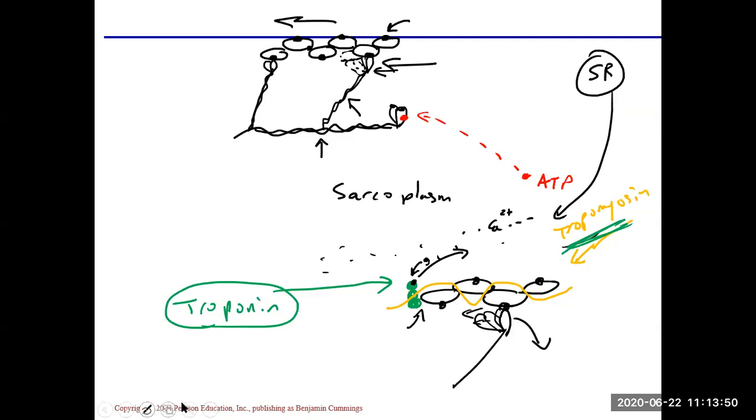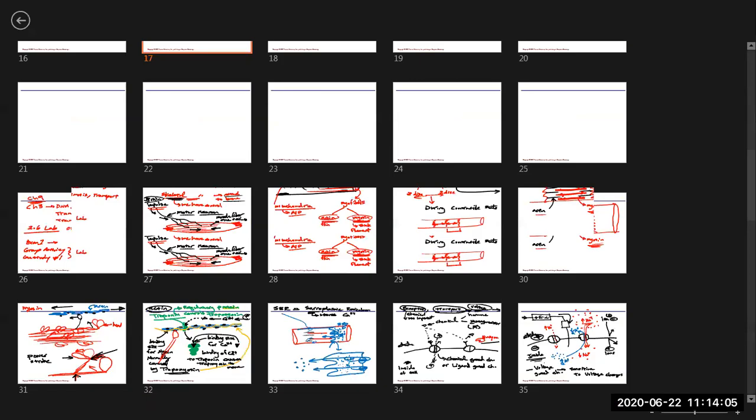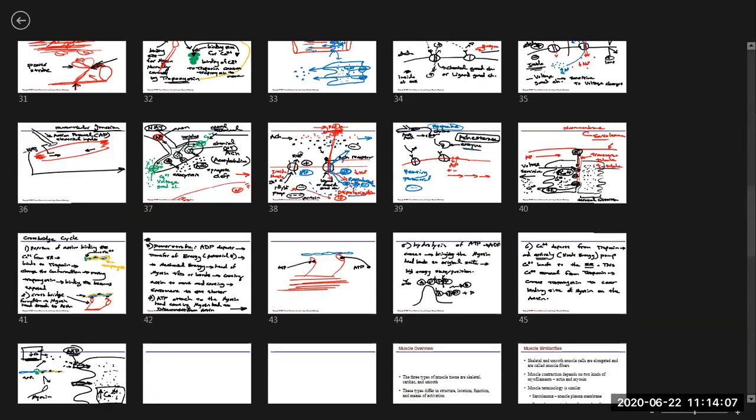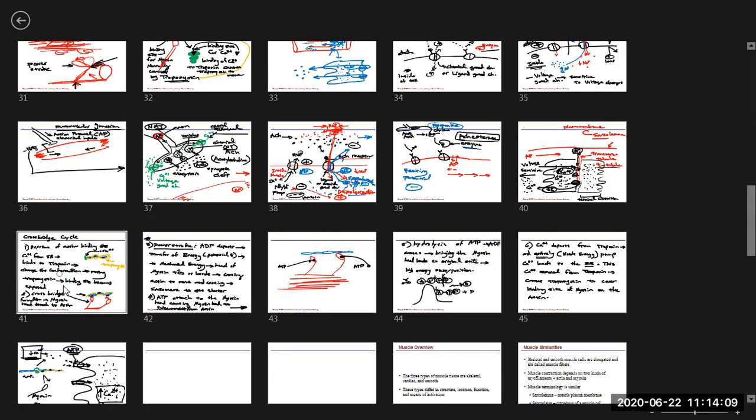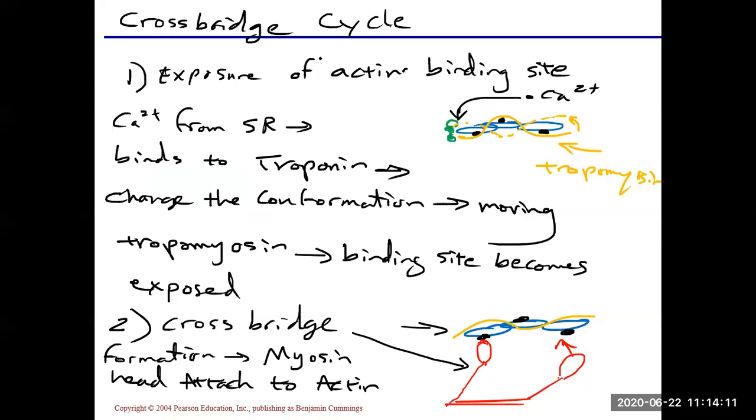Let's go ahead and take a look at a step-by-step formation and see what happens. I think I have that in my notes, so let's take a look. Cross-bridge cycle, step one: exposure of the actin binding site.